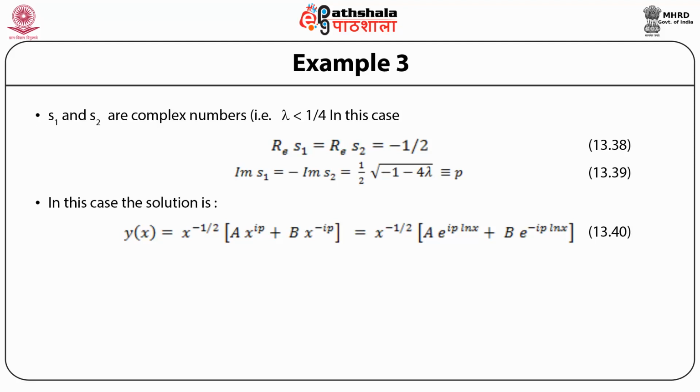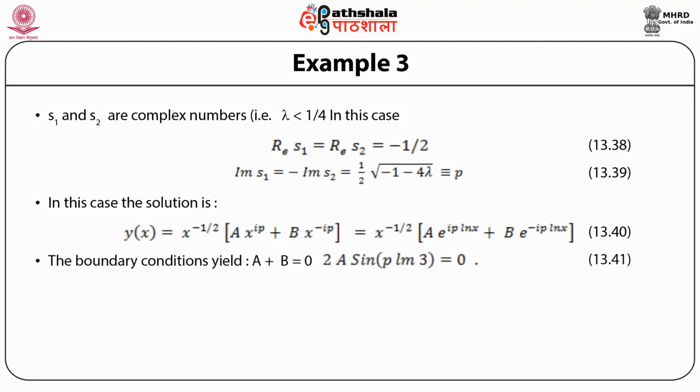So the solution in this case is y of x is equal to x to the power minus half, which can be taken out since the real part is minus half for both the roots, multiplied by a constant a into x to the power ip plus b x to the power minus ip, where p is the imaginary part. We now apply the boundary condition at x is equal to 1.